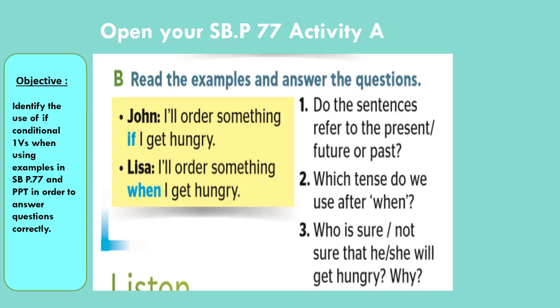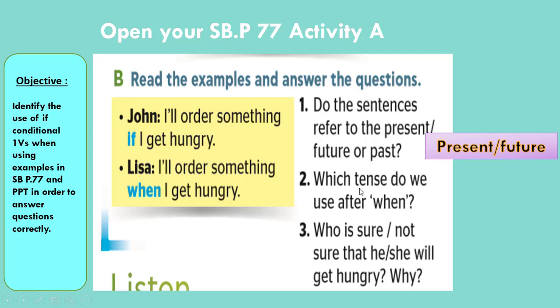John: I'll order something if I get hungry. Lisa: I'll order something when I get hungry. Number one, do the sentences refer to the present, future, or past? As we mentioned earlier, the sentences refer to the present and the future. Question 2.